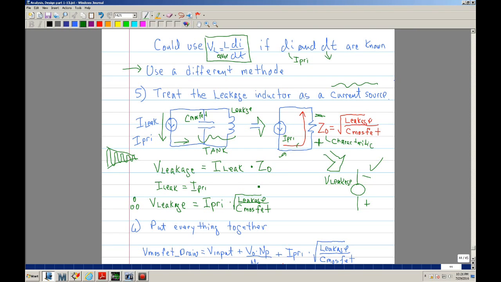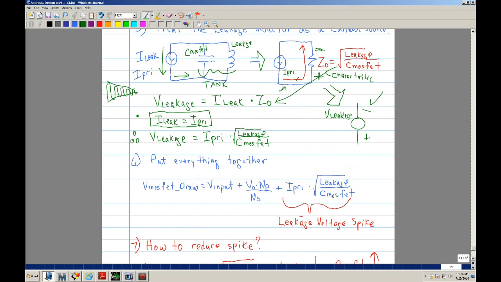And we already said that, that equation, you can substitute it in here, and you can also make this substitution, because we know that the leakage inductance current is equal to the I pi current. So then you come up with this equation, very important equation. This describes your leakage spike.